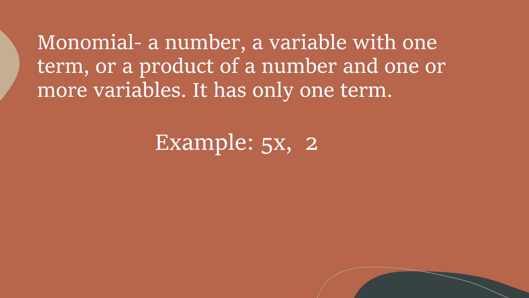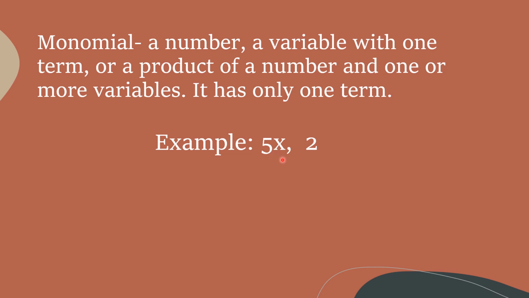So, like for example, we have 5x and 2. So, dito sa example, we can say that these two are monomials. Why? Because for the first example, which is 5x, this is a product of a number 5 and a variable x.